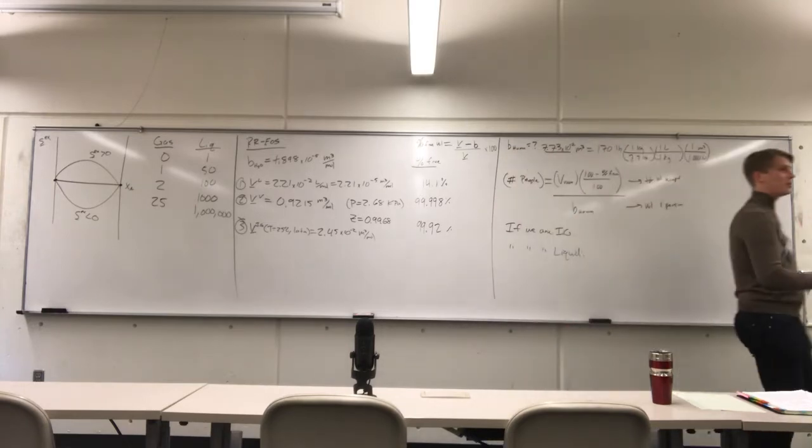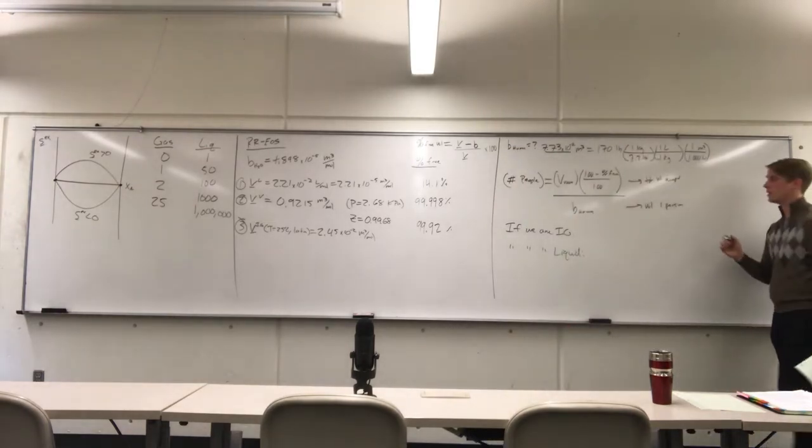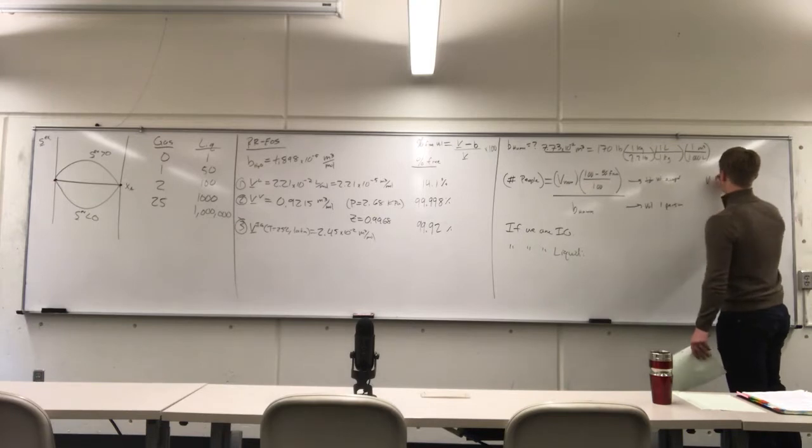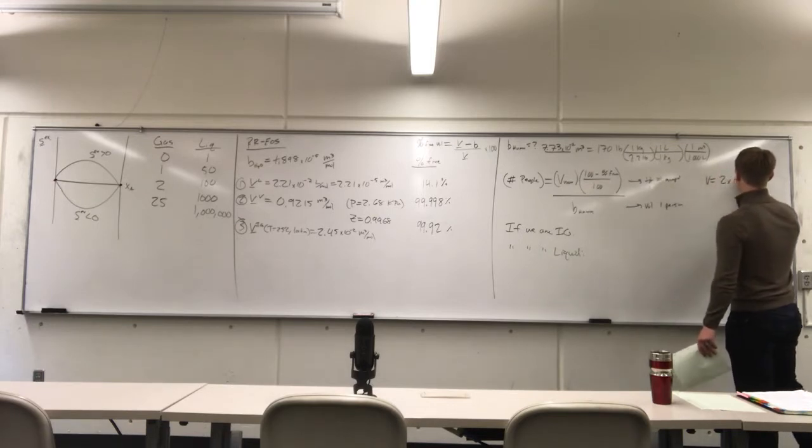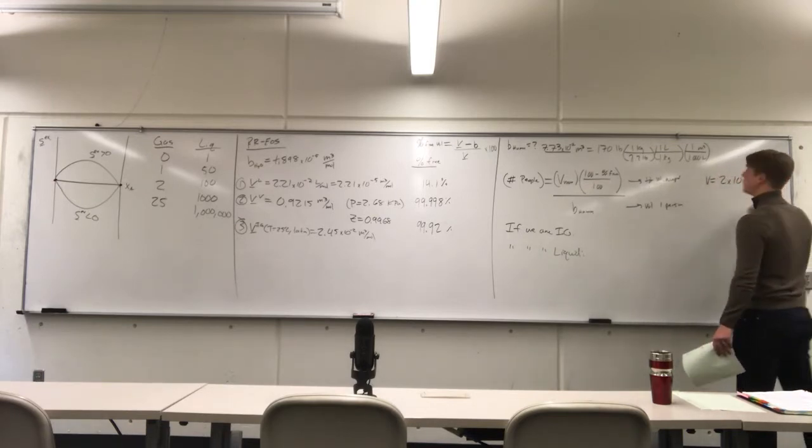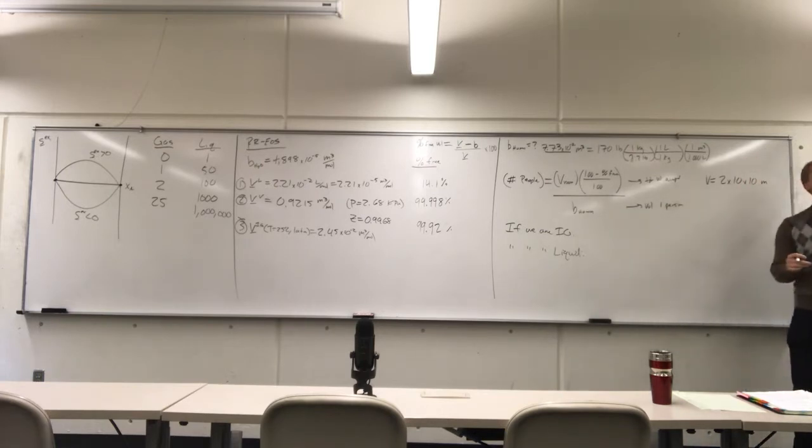So I estimated this room, and I don't know if this is an appropriate estimate. I think it might actually be lowballing it a little bit. I said the volume of the room was 2 by 10 by 10 meters. Looks like it's definitely closer to 3 meters tall. And 10 by 10 is reasonable, I would say. What do you guys think? About 10 meters by 10 meters?